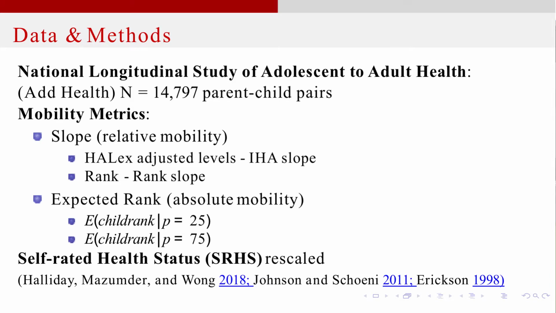So we're using AdHealth. There are 4 key mobility metrics that we're going to be focusing on. We're going to be focusing on relative mobility, which is similar to a correlation type measure between parent and child health. And then we're also going to be looking at the expected rank conditional on knowing what your parent's health status was.